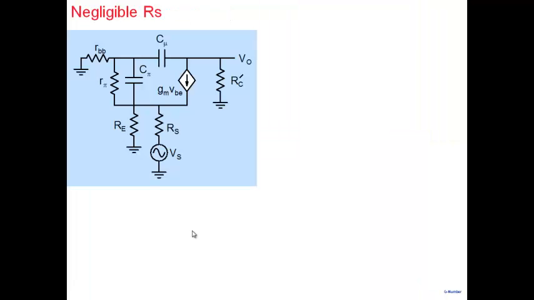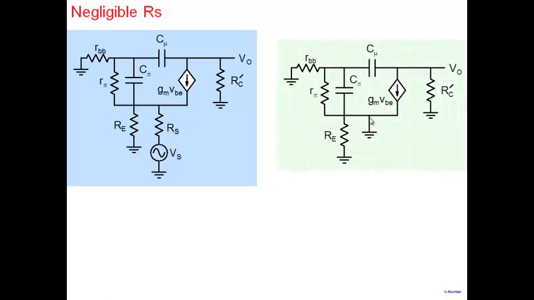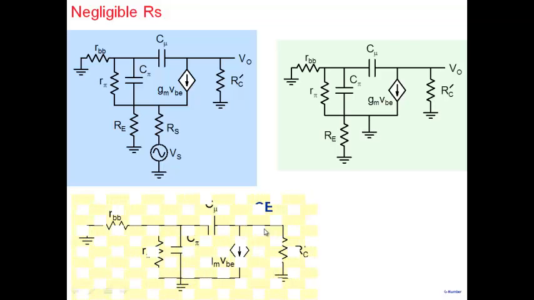Now, suppose I'm driving my common base amplifier through a very small value of RS, which means RS is 0, let's say. If RS is 0, then this becomes ground here, and then it becomes exactly the same as common emitter.